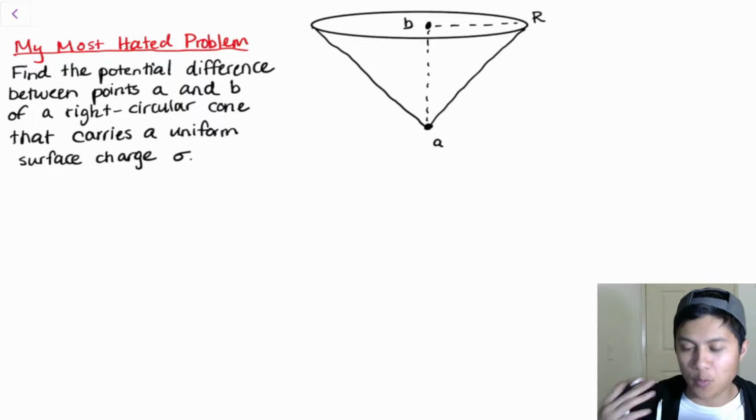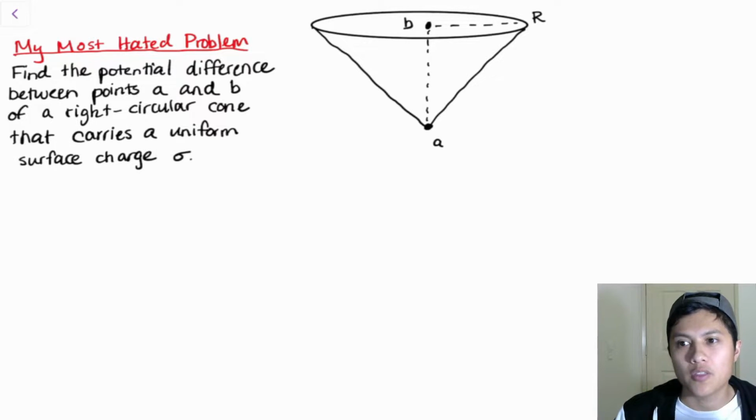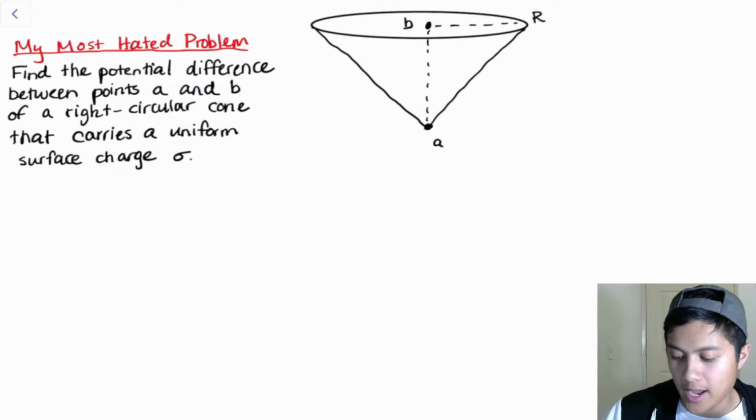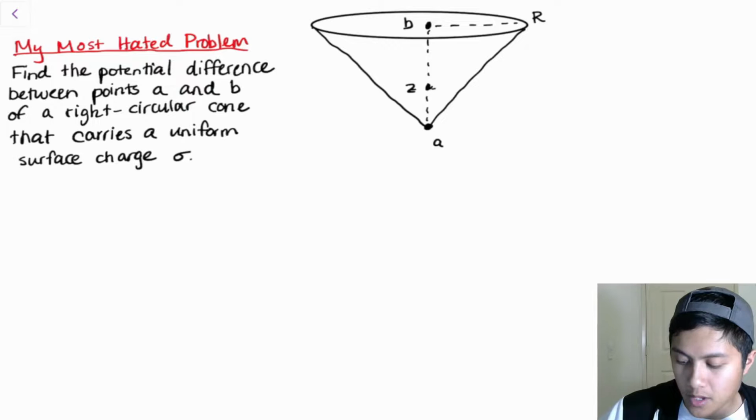So we want to find the potential difference between points A and B on this cone, which happens to be a right circular cone. What that means is that for every height z, at a radius r on the cone, z is always equal to r.